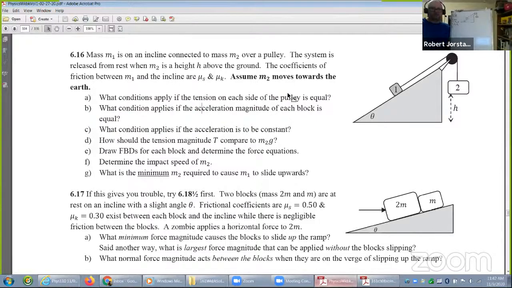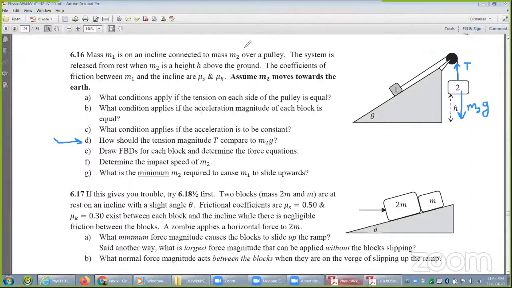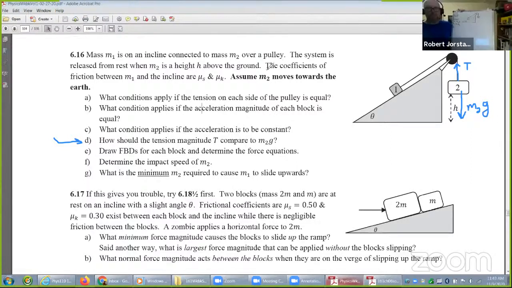All right. So what do you think? Let's look at part D. How should the tension in the string compare to M2G? What do you think? Equal in magnitude, but negative in direction? Nope. Not necessarily, I should say.